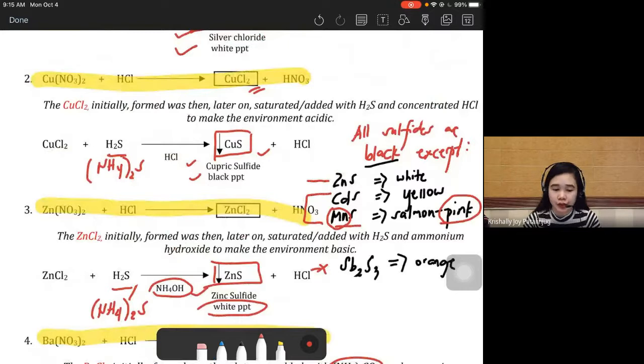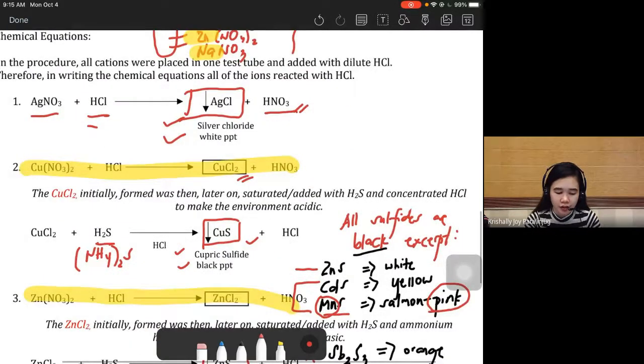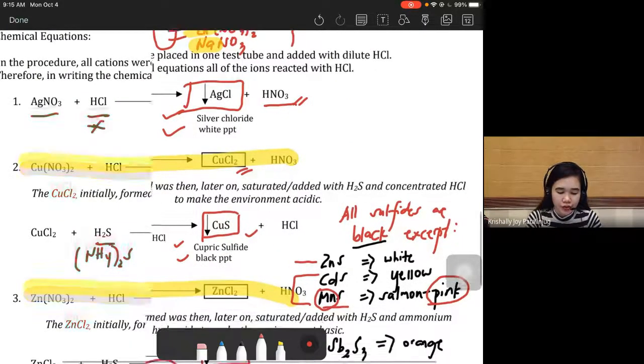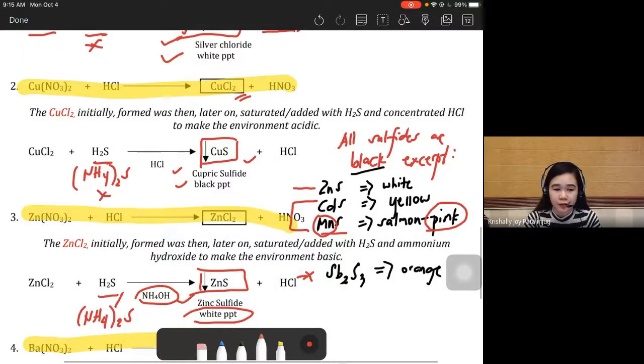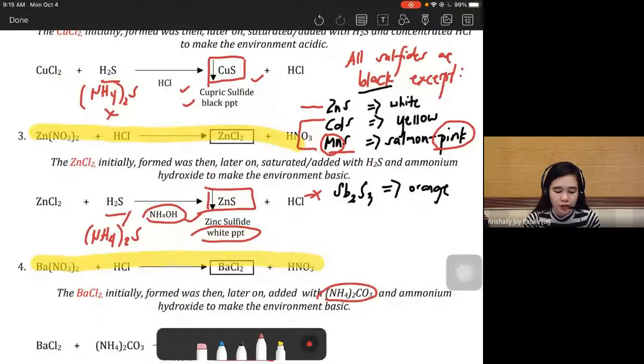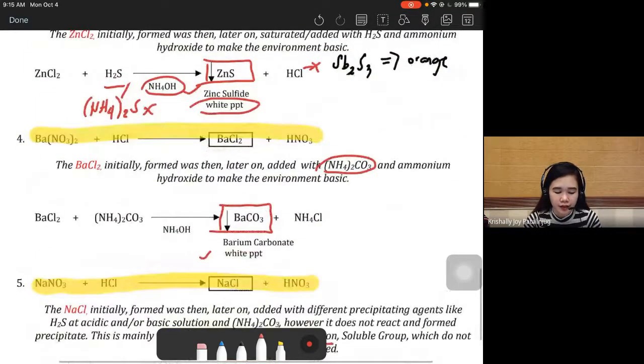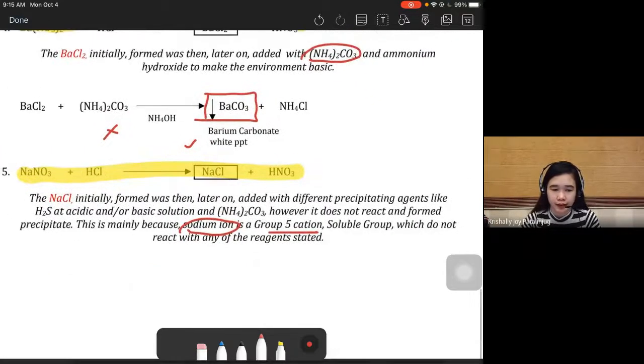It will not react with HCl. It will not react with hydrogen sulfide at an acidic environment. It will not react with a sulfide group at a basic environment, and even sa ammonium carbonate, it will not react. So that's it for experiment number 4.